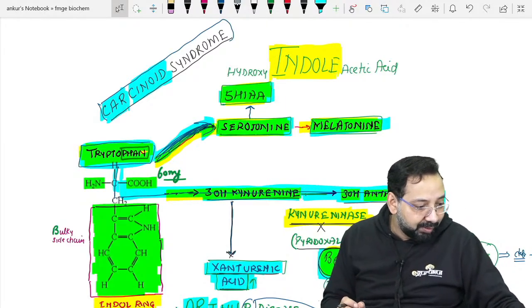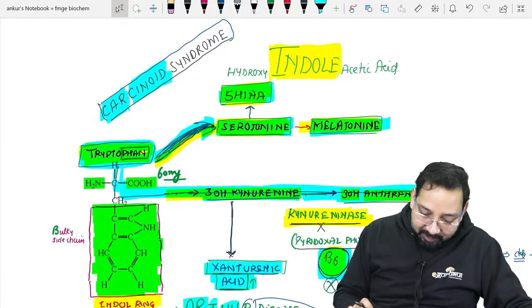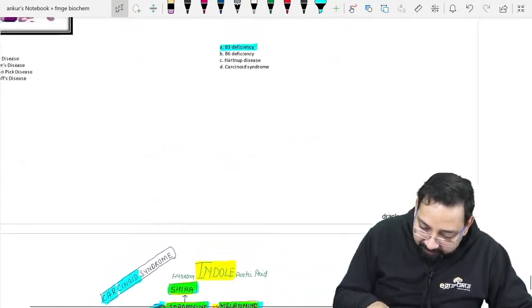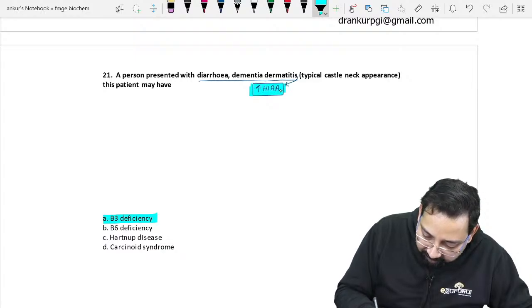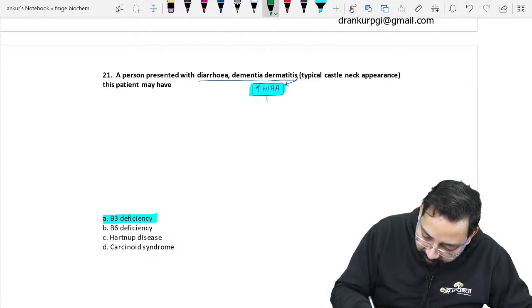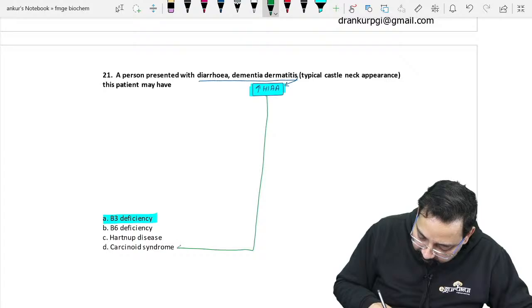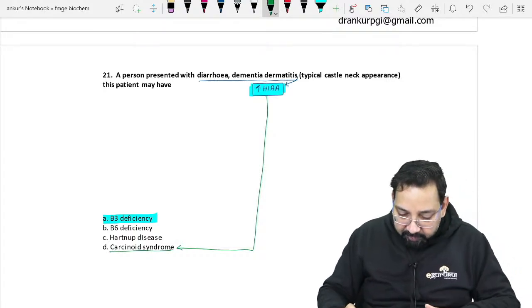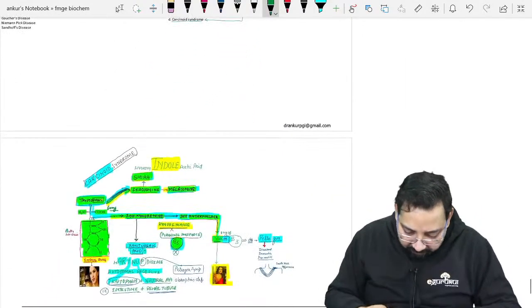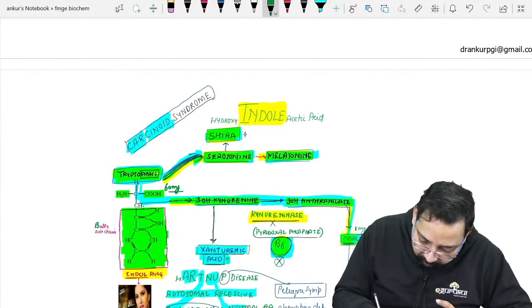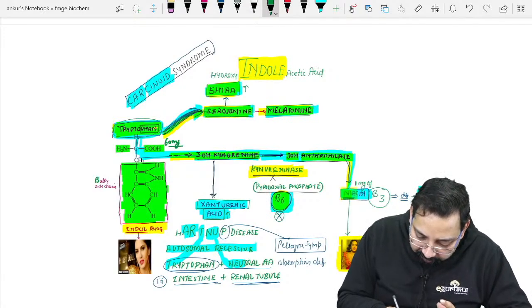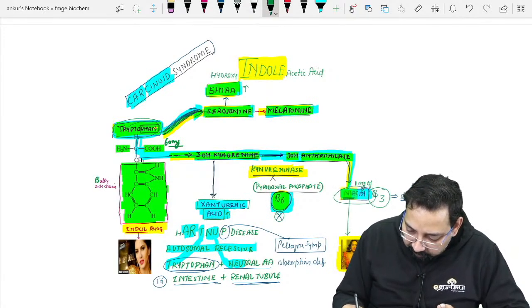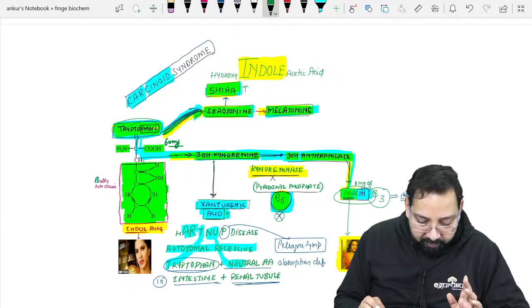So if in the same question they added this HIAA, the answer would become carcinoid syndrome. What does it mean? It means if HIAA is increased, more and more tryptophan is converted to serotonin, no extra tryptophan to make niacin, pellagra-like symptoms. Clear?